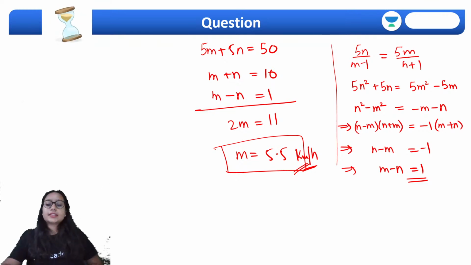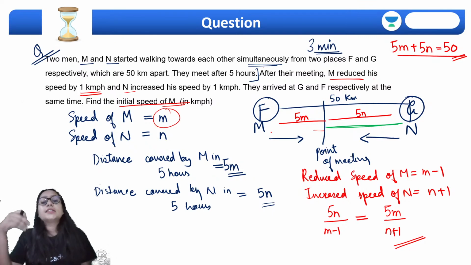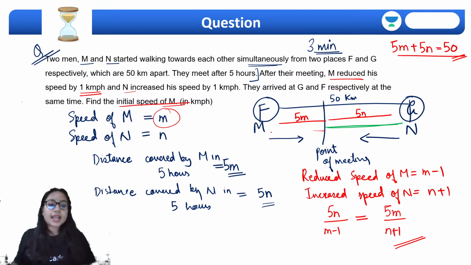Yes, Tanya, actually this is the shortcut method. This is not a long method. This question has taken time because I have written all the steps in detail. But if you think about it, to solve this question correctly, you just need to understand the figure. If you have understood it, then definitely you can solve it in less time.